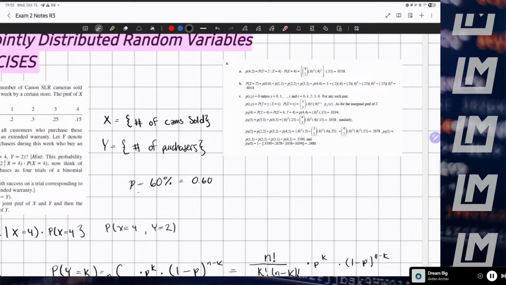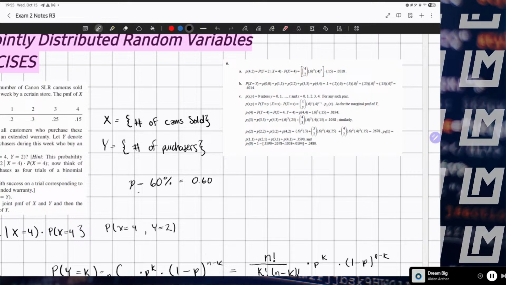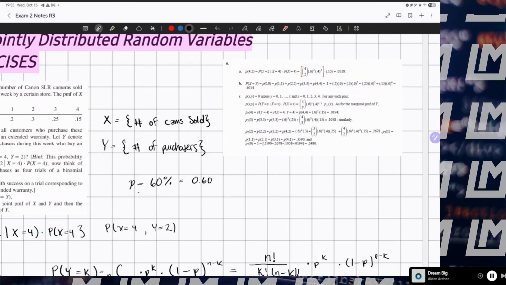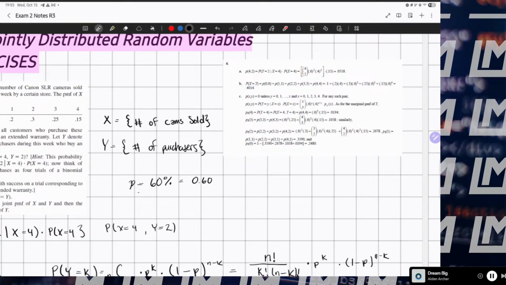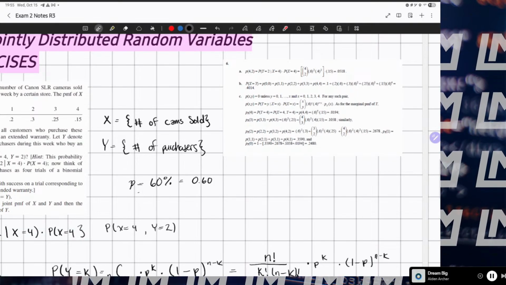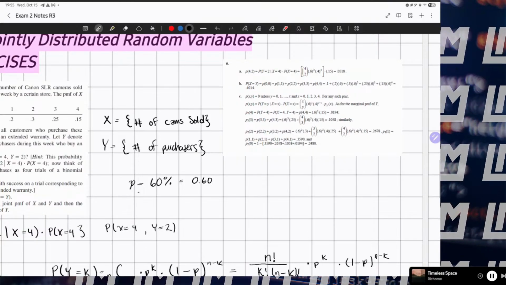Ah, okay. I'm seeing what's going on. So using the definition with x equals n equals 4 and y equals k equals 2, you get the general multiplication rule.